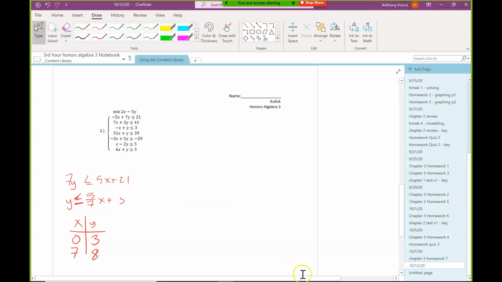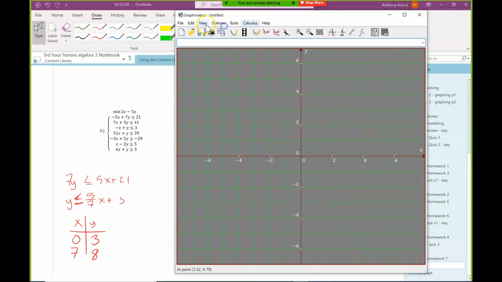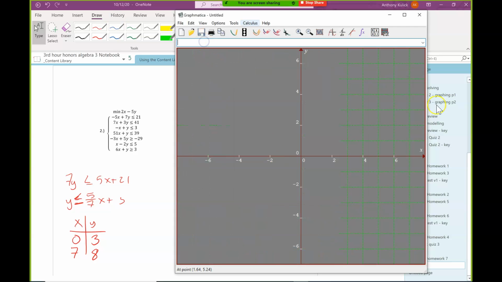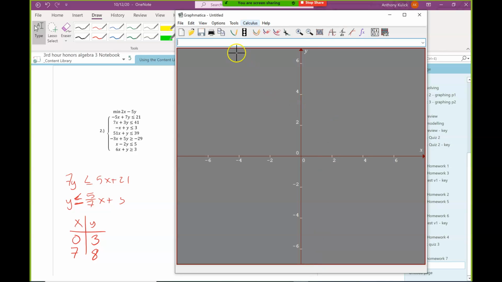But I promised we weren't going to actually do this manually because, well, it's not a lot of fun. Use my friend here, Graphmatica, to do this.